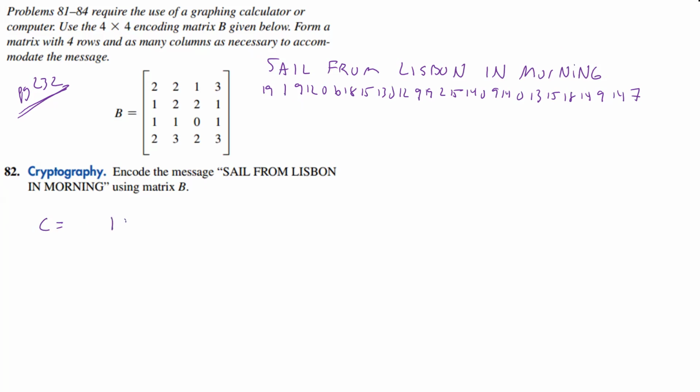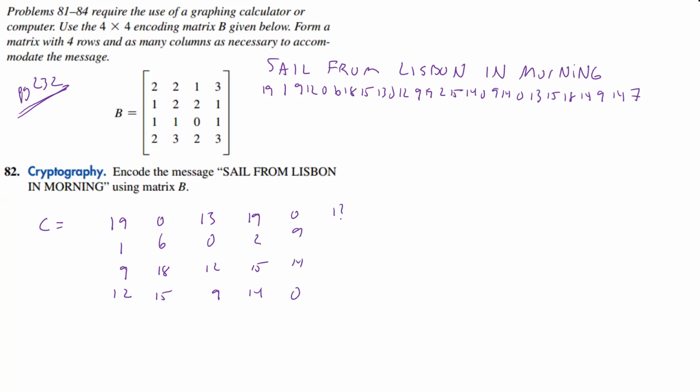19, then 1, then 9, then 12, and then 0, then 6, then 18, then 15, then 13, and then 0, then 12, 9, 19, 2, 15, 14, 0, 9, 14, another 0.